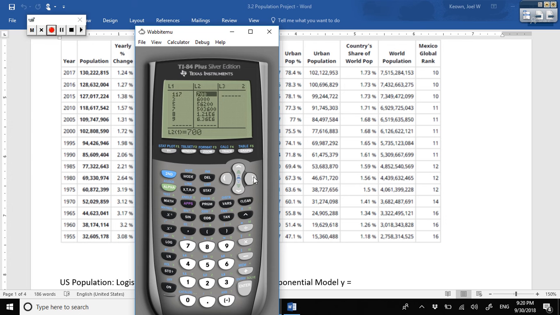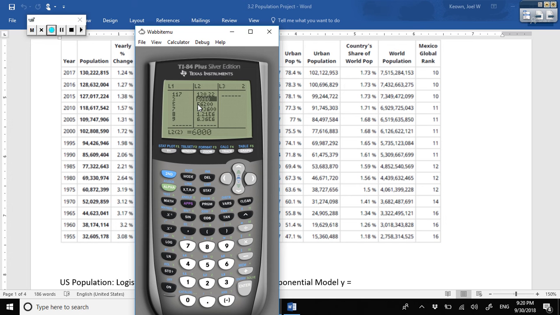And then the population of 130 million, I would make 130 point, and then say 222815.